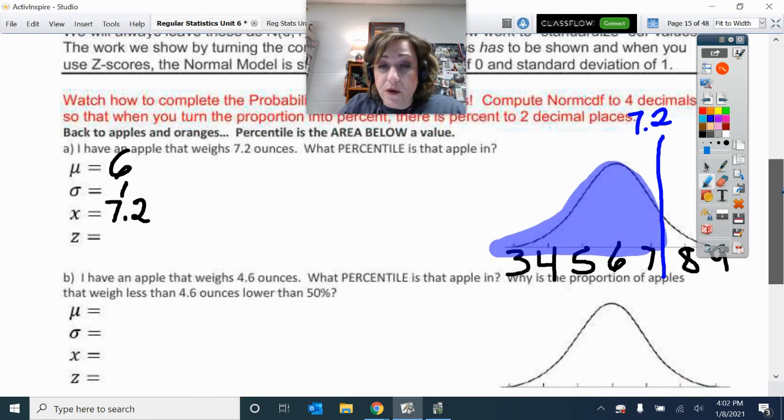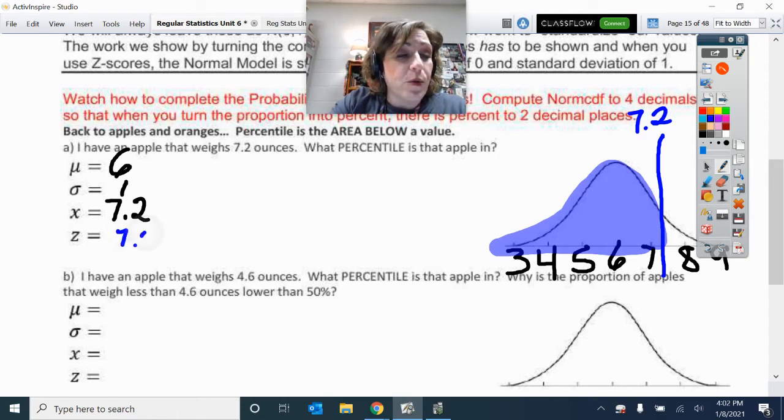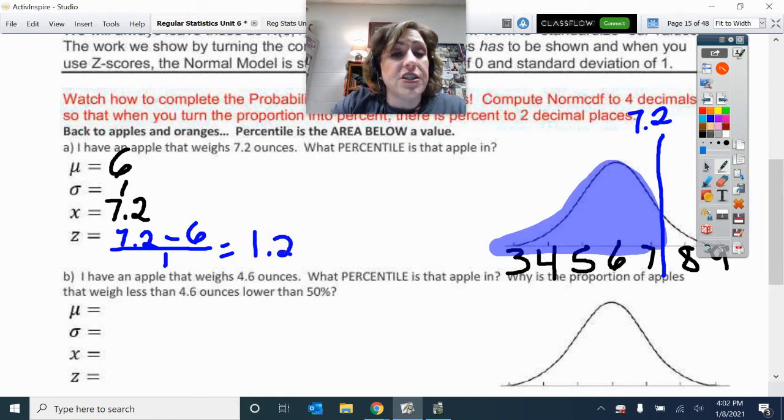Do you remember from our last set of notes, to do the z-score, we're going to do x minus the mean over the standard deviation. So in our case, 7.2 is x, minus the mean over the standard deviation, and that is 1.2.